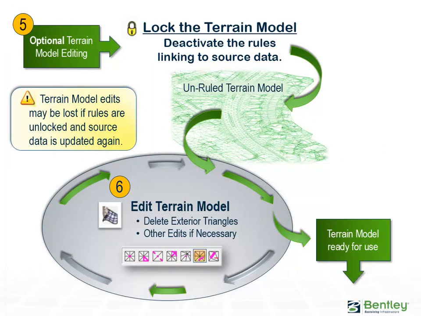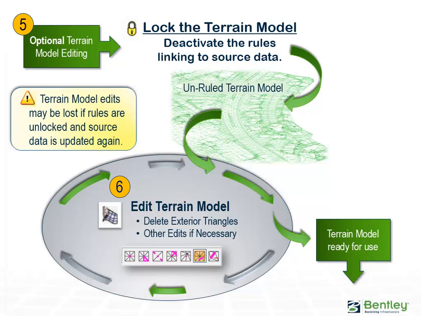The Edit Terrain Model tools provide limited editing without returning to the source data. It is also recommended to make edits to the source data whenever possible. These tools should only be used for minor edits and when returning to the source data is not possible. The Edit Terrain Model tools should be used on unruled terrain models.